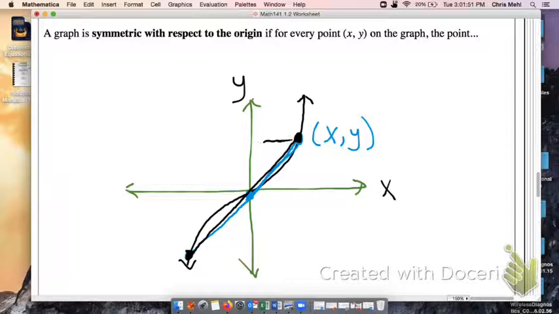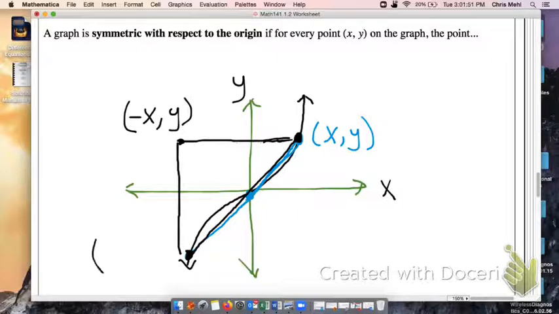You can reflect once over the y-axis, so that's like changing the sign on the x-coordinate. And then you'd be reflecting over the x-axis, which is going to change the sign on the y-coordinate.